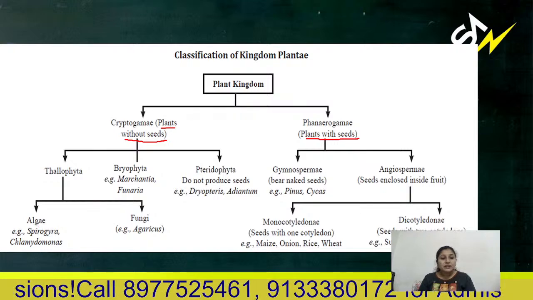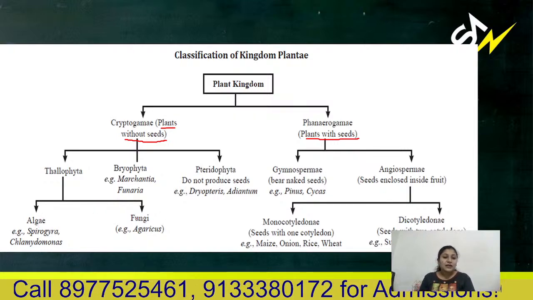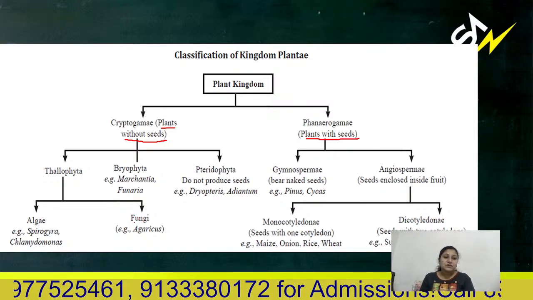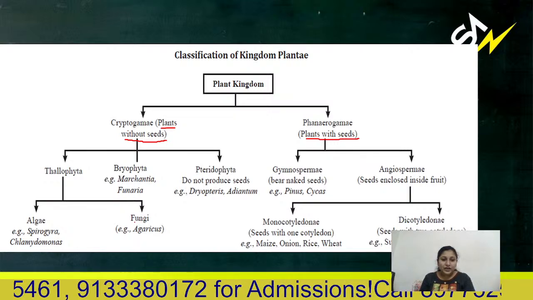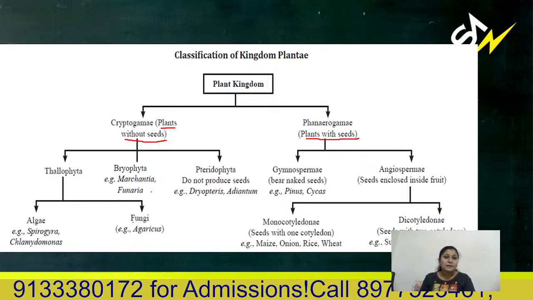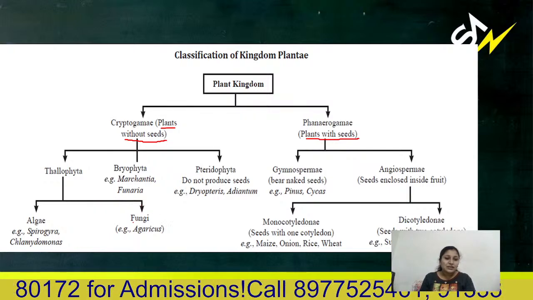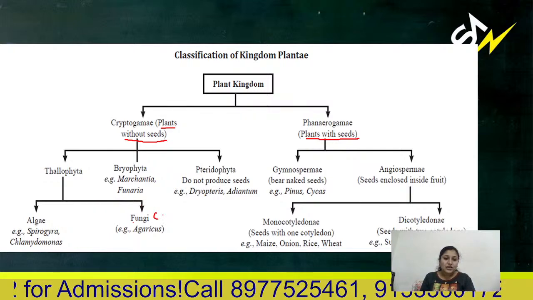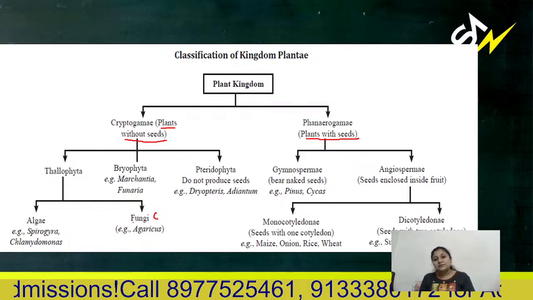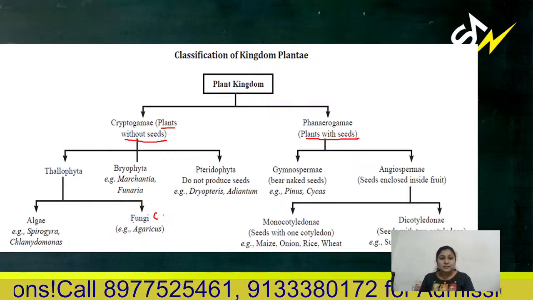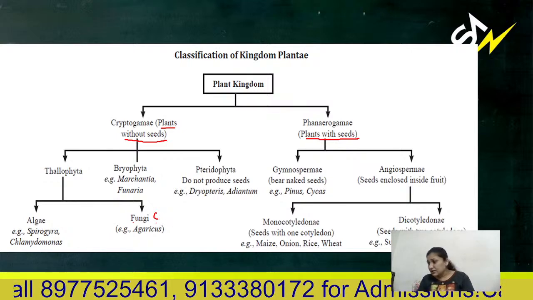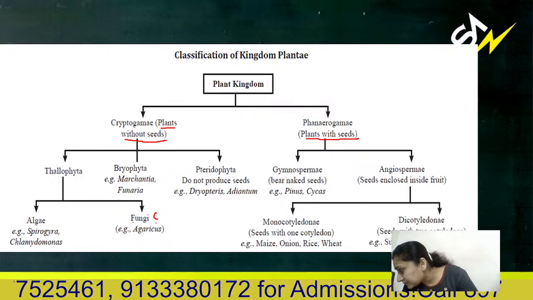Thallophyta can be divided into algae and fungi. Previously, fungi were considered part of Thallophyta, but now they are not part of the plant kingdom, as they are not autotrophs; they are heterotrophs, and especially have saprophytic nutrition.